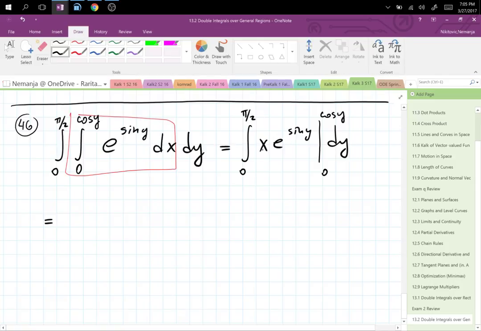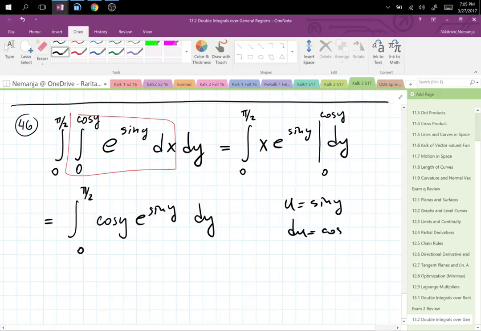So now we get cosine y e to the sine y minus 0, so I don't have to write that, dy from 0 to pi over 2, and we see immediately that we have to use u sub, so u equals sine y, du is cosine y dy, so the whole integral turns into simply e to the u du.